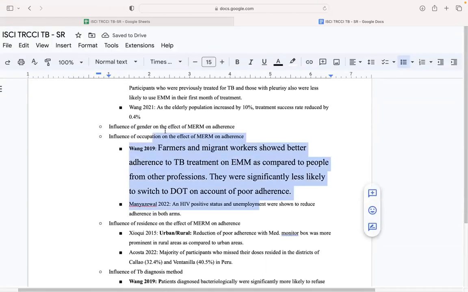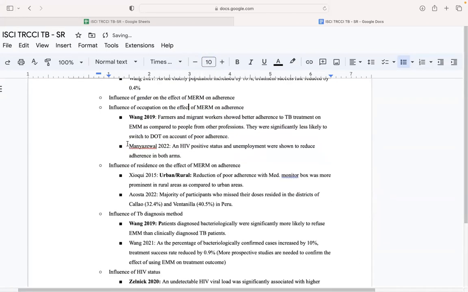Yeah, there's another study which says HIV positive status and unemployment was shown to reduce adherence in both arms. Now, this subheading only talks about occupation.